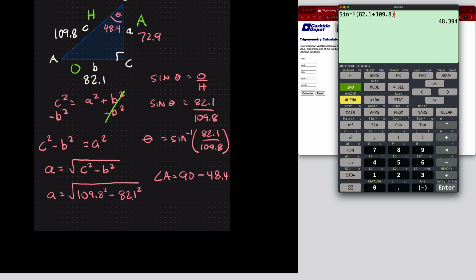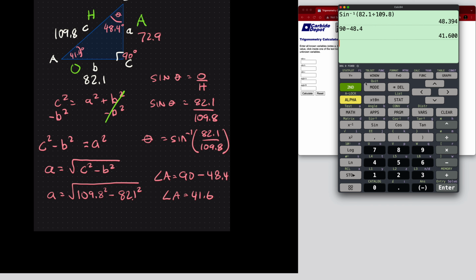I can do that in my head, but I'm just going to punch it in to make sure. 90 minus 48.4, hit enter, and I get 41.6. So angle A equals 41.6 degrees. Don't forget to put the degree symbols there, and this one is 90 degrees. And there we go, that triangle is solved.